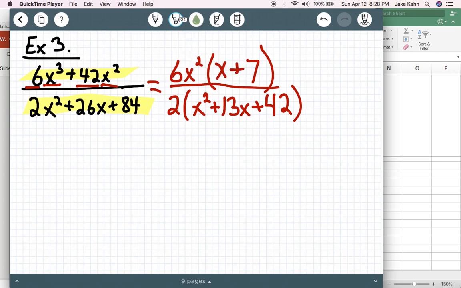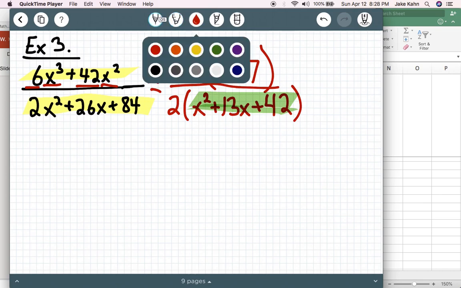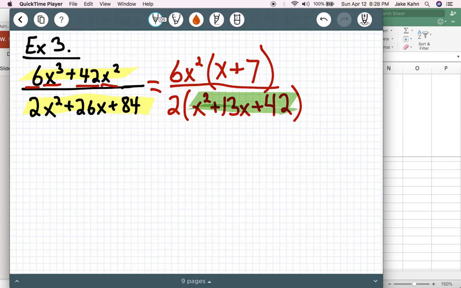Okay. Now, back to my highlighter here. I see a quadratic in parentheses, x squared plus 13x plus 42. Whenever you see a quadratic, you got to ask yourself, can I factor it? And the answer is going to be yes here again. So even though we took out a GCF, that wasn't all that we had to do with the bottom expression. We took out a GCF, and now we actually have to factor this quadratic. Thankfully, our a value is 1.